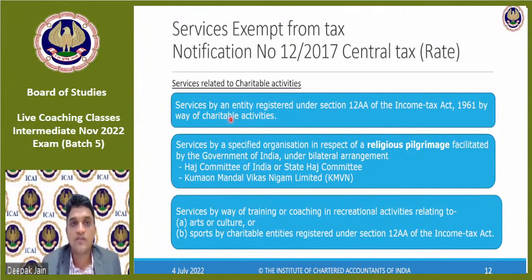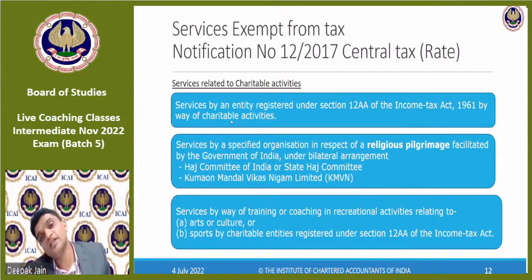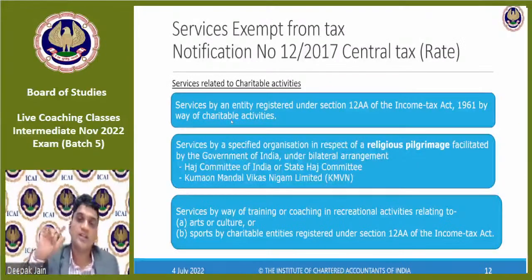Now, what are services related to charitable activities? What is exempted is services by an entity registered under section 12AA of the Income Tax Act by way of charitable activities. Similarly, there is an exemption in income tax also, right? Income tax also defines charitable activities, but the definition of charitable activities in income tax and the definition over here will be different.